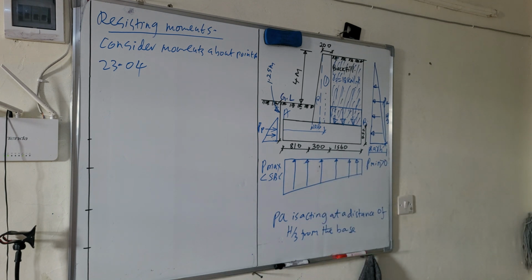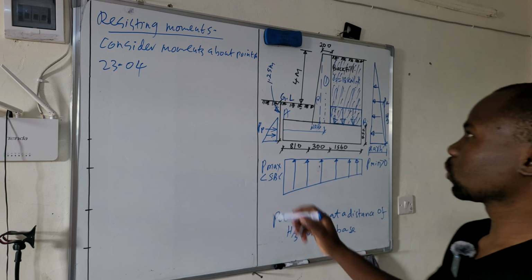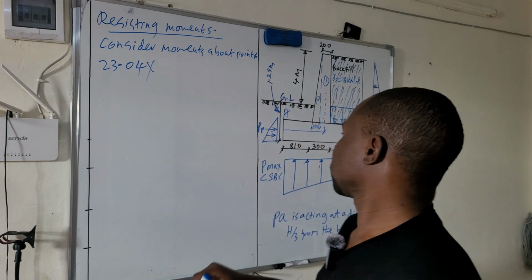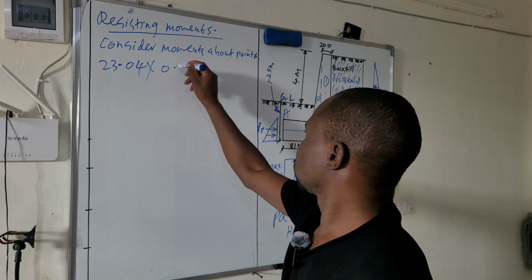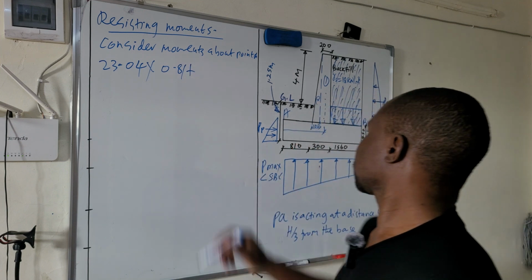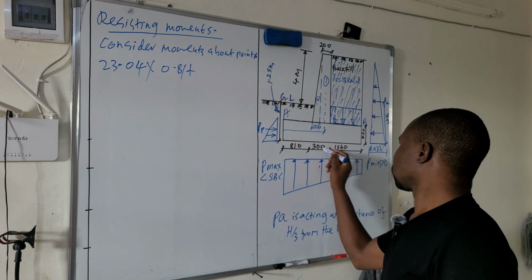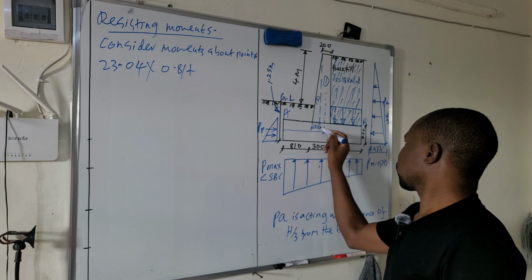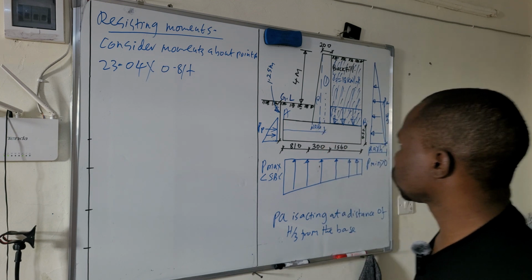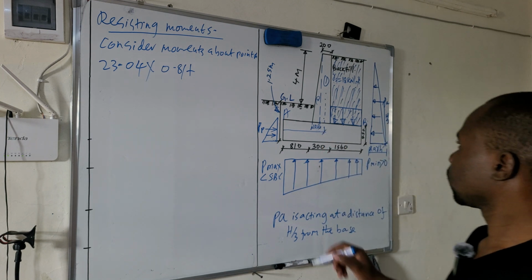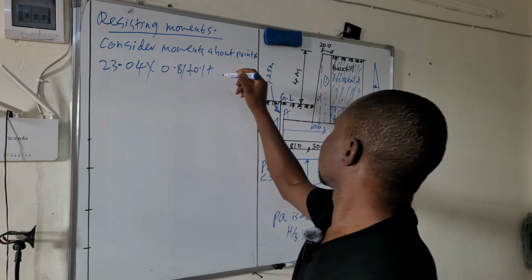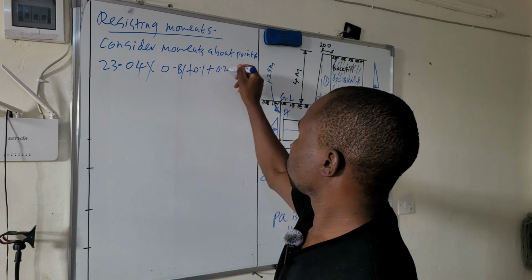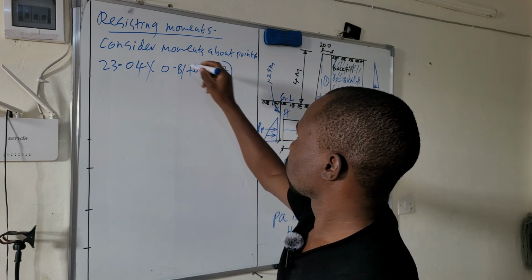If you convert it to meters, it will be 0.81. So times the perpendicular distance, which is 0.81 plus 100, you convert it to meters, which is 0.1, and then plus 0.2 over 2.